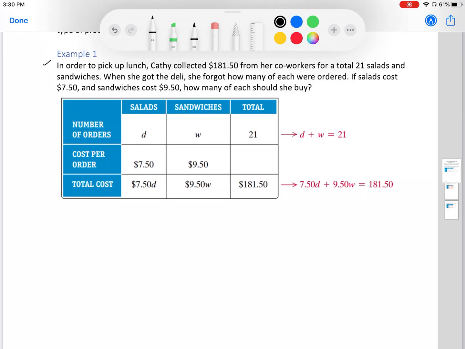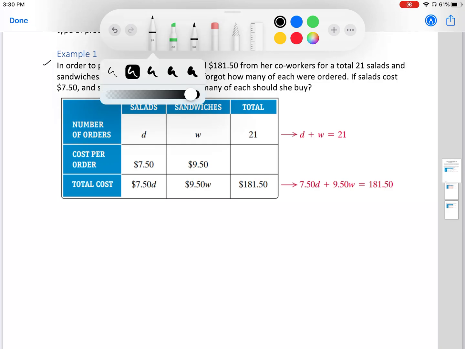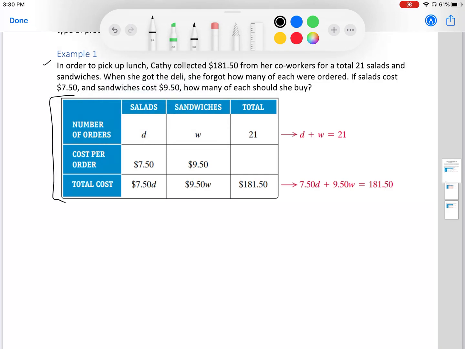when you're working with these type of problems, you can always make a nice chart where you have item 1, item 2, and your total, the number of your items, the cost, and your total. Or it's often referred to in a general sense as your rate.